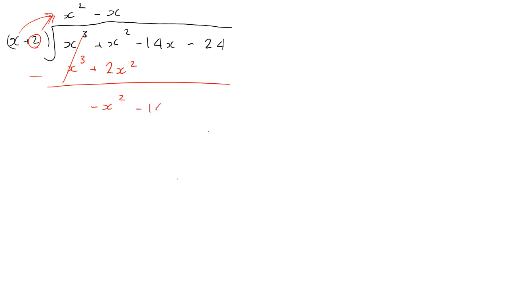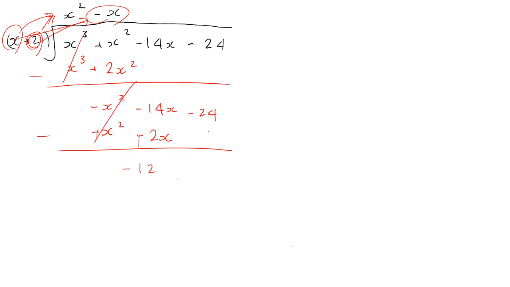Now these things move down. So we multiply x by negative x. That's negative x squared. We multiply 2 by negative x. So that's negative 2x. Okay, and then we subtract. It becomes a plus and plus. These two cancel out. That's negative 12x minus 24.